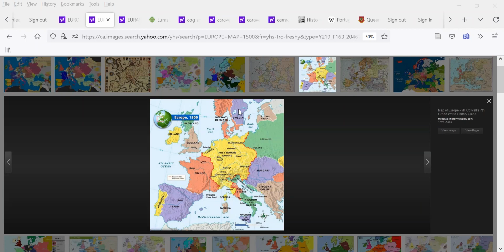Step by step, from the 16th century to the 17th century, and finally into the 18th and early 19th century, they come to dominate politically, militarily, and economically all of the civilizations of the world. Now, that's the way it was in 1500.